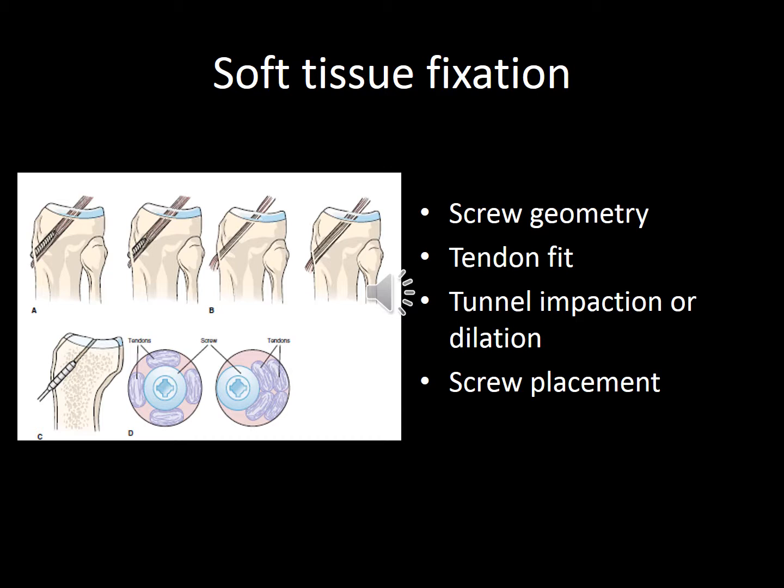Tunnel impaction or dilatation. Because bone density has such a significant effect on the initial tensile properties of interference screw fixation, compaction drilling or bone tunnel dilation has been proposed as a method of creating increased bone density along the bone tunnel wall. Screw placement.